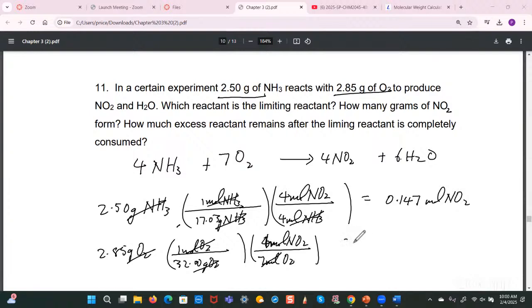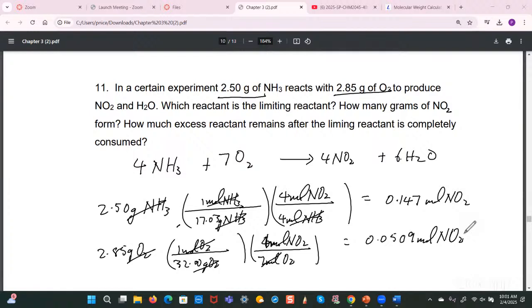So now we need to work this out. 2.85 divided by 32 times 4 divided by 7. According to my calculations, this works out to 0.0509 moles. All right. So now that we have these two numbers, what do we do next?